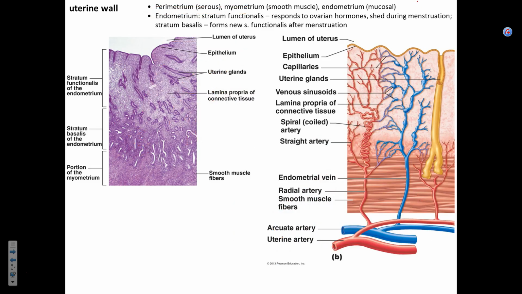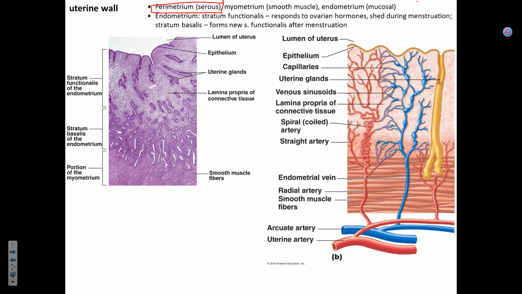Now, uterus. That's where implantation happens, right? So uterus consists of 3 layers. Perimetrium, which is serous membrane. Basically, it's the connective tissue on the outside of the uterus covered with simple squamous epithelium, which produces that serous fluid, nothing interesting.